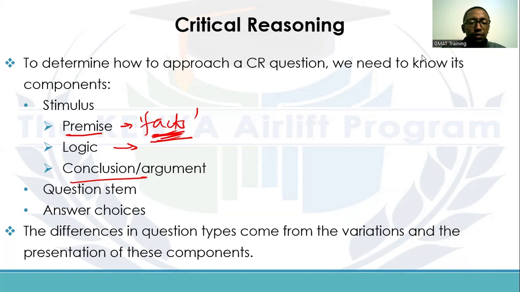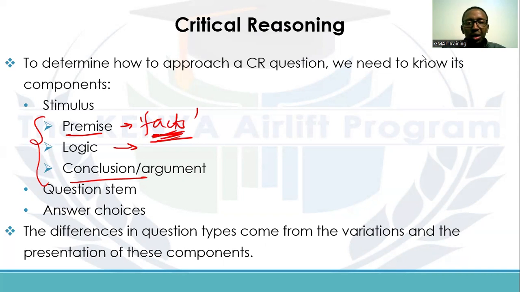The differences in question types come from the variations in the presentations of these components, especially these 3. So the part that is missing, or the part that is presented in a different way, is what really makes the difference between critical reasoning question types.